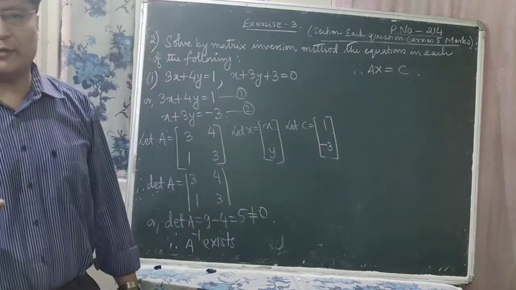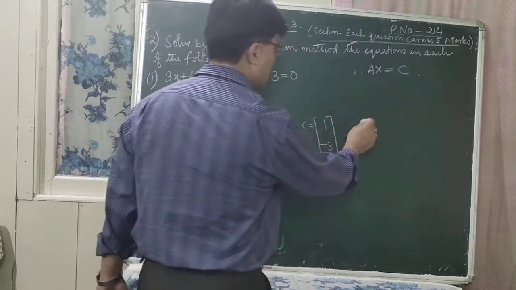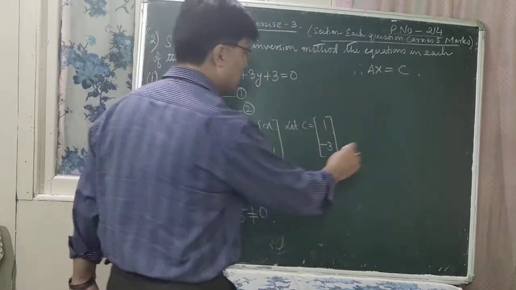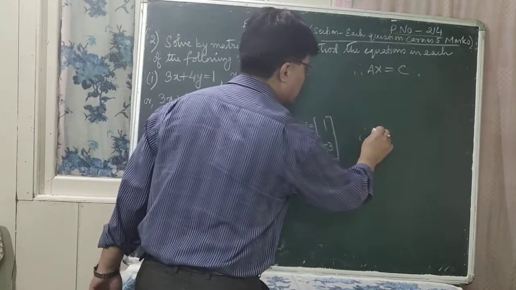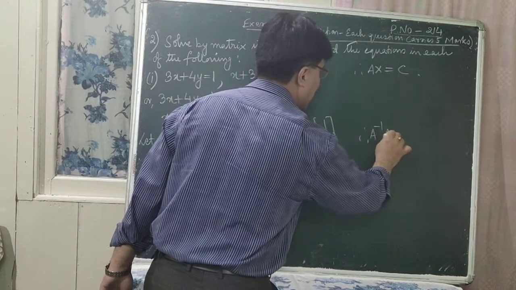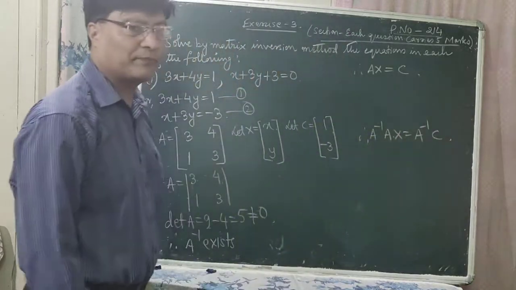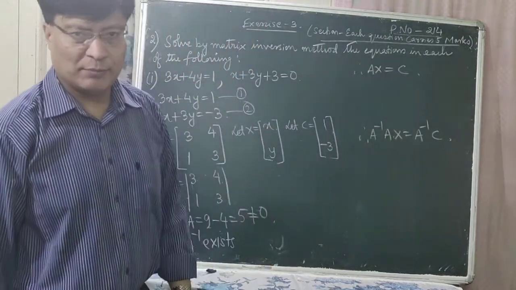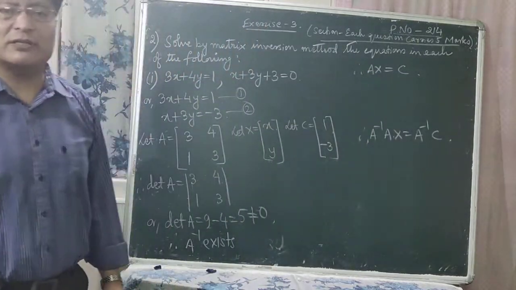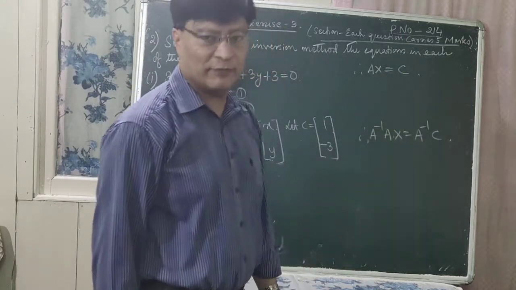It becomes A inverse on the right hand side. Or you can multiply both the sides by A inverse, so A inverse A into X is equal to A inverse C. Because in this case you have to use the matrix inversion method.